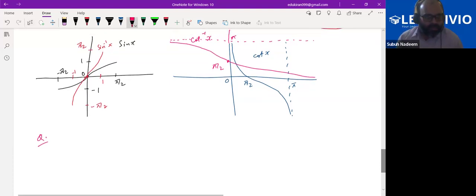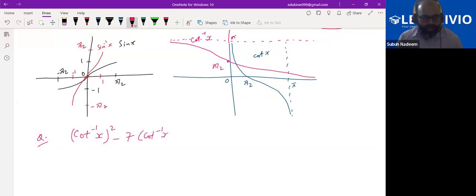it says there is an inequality which is cot inverse of x whole square minus 7 cot inverse of x plus 10 greater than 0, then x will lie in which interval?